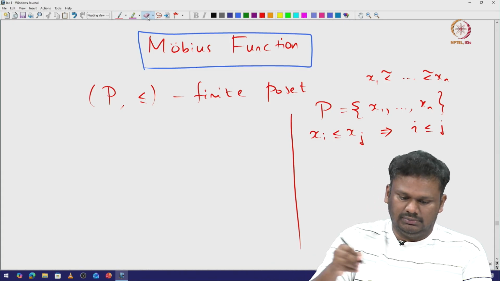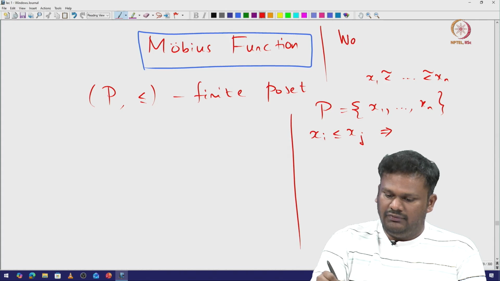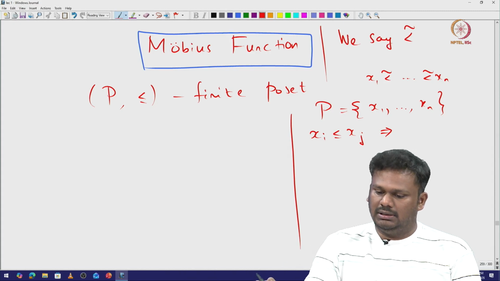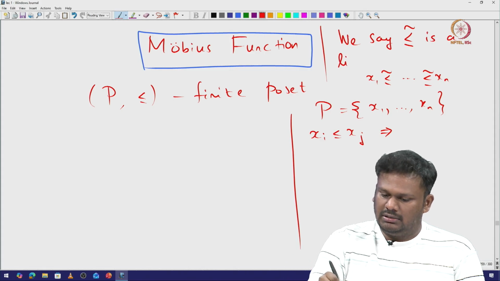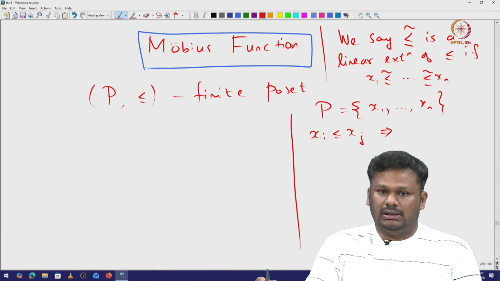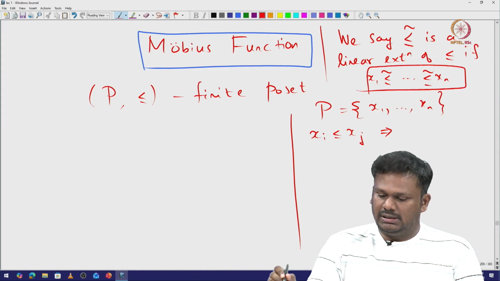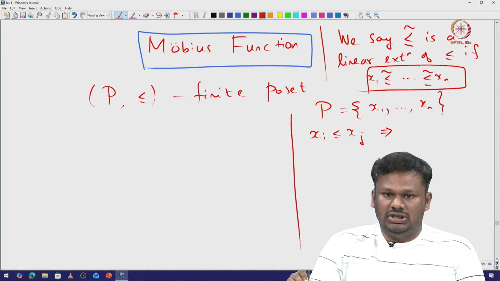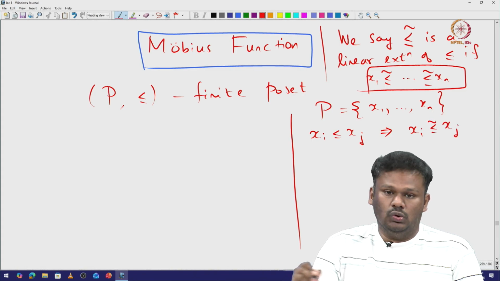Let me use the notation that we have introduced. We say that less than or equal to tilde is a linear extension of less than or equal to if less than or equal to tilde is indeed a total order on P. So, we list P as x1 up to xn with respect to the total order, such that whenever xi is less than or equal to xj in the original order, that implies xi is less than or equal to tilde xj in the new total order.